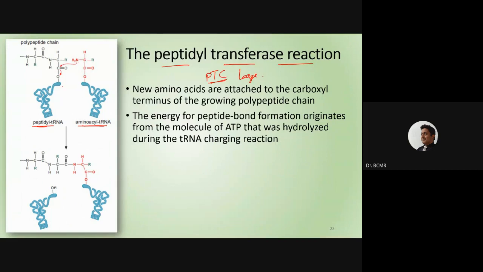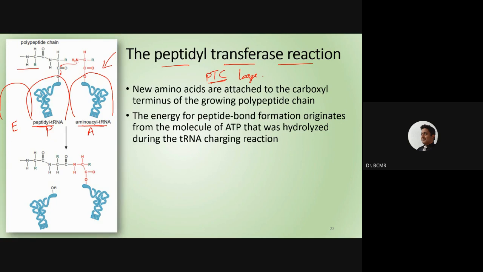So this is one of the tRNAs here, and this is in the other place of the ribosome. There are 3 sites: this is called the P site, this is the A site, and this one is the E site within the ribosome. This is the incoming, newly entered tRNA. This is where the peptide chain is growing.